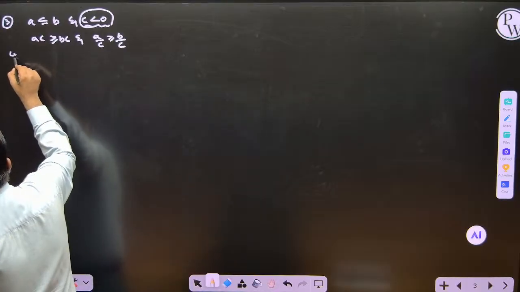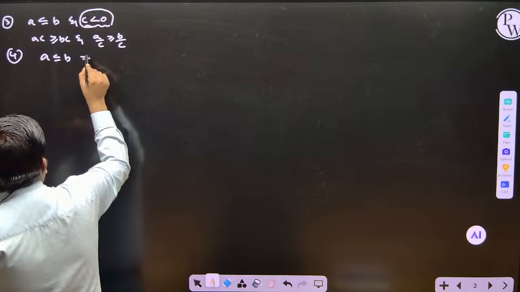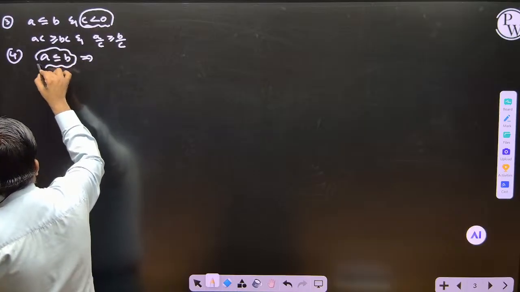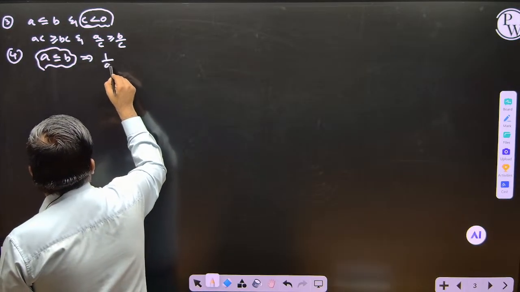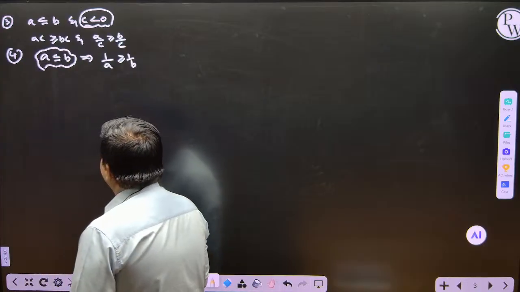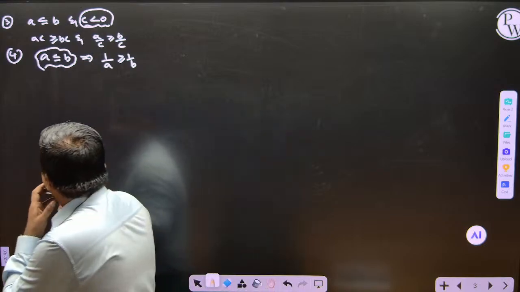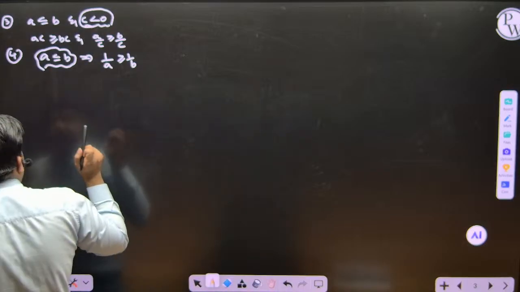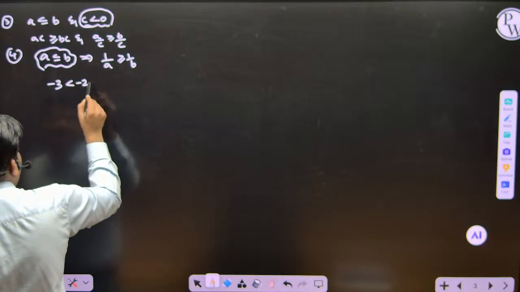The next, fourth one, you see here: a less than or equal to b. If I take the reciprocal of these numbers, then 1 by a is greater than or equal to 1 by b. By taking a reciprocal, inequality will change. For example, minus 3 is less than minus 2.